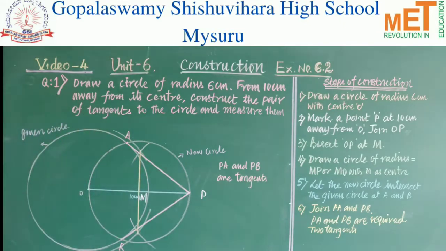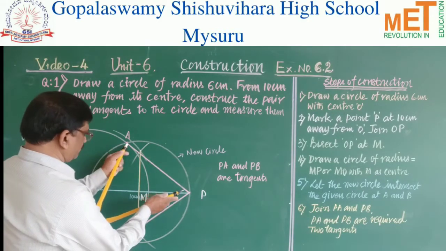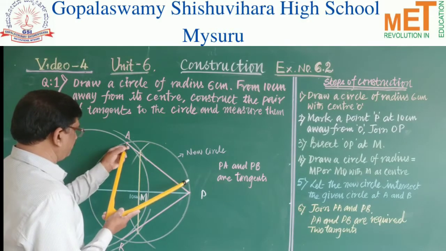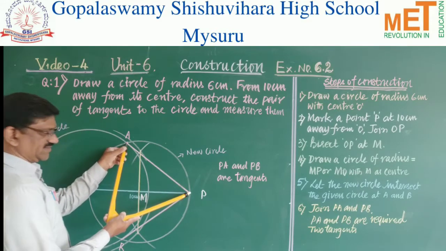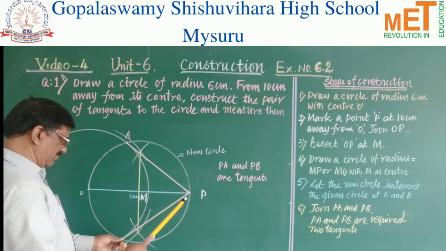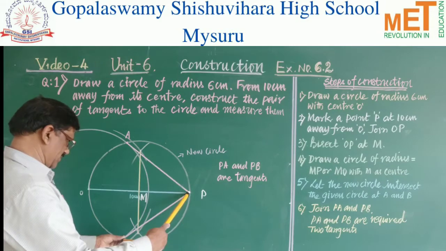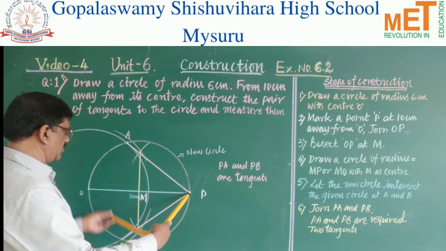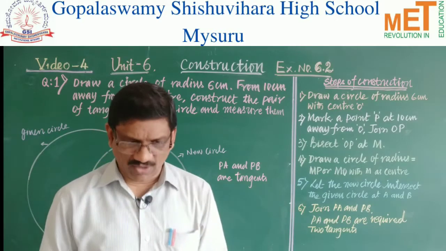Now we have to measure them using compasses. Take the length of PA or PB and measure it on the scale, how much it measures.